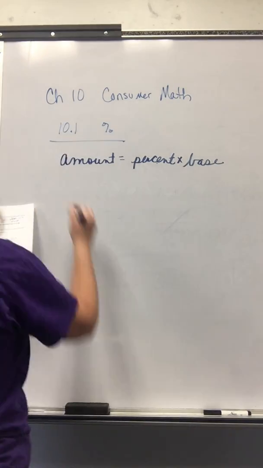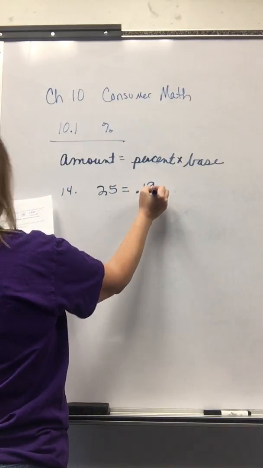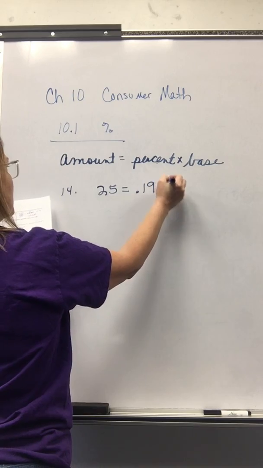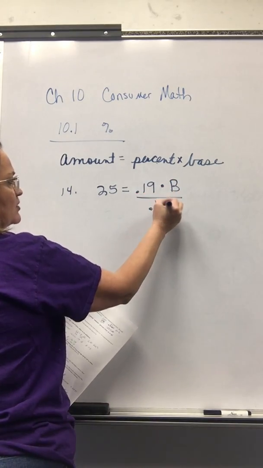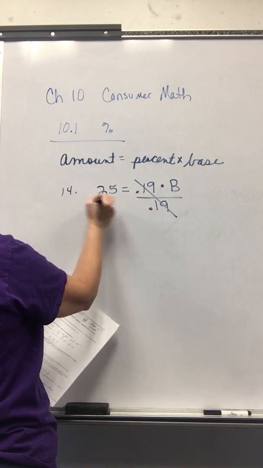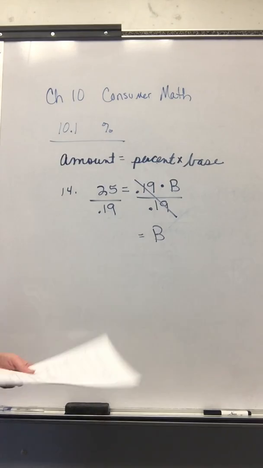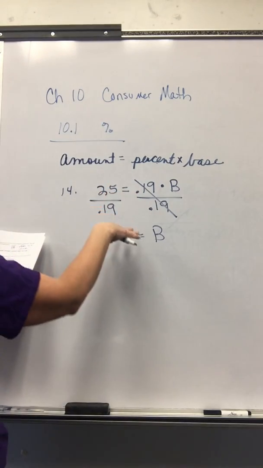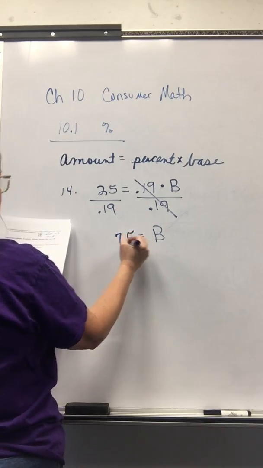Number 14, 25 is equals, 19% is 0.19 of what? So times b, so we divide by what's times to our variable, divide by 0.19, do the same thing to each side. That gives us b equals, do that on your calculator, and that gives me 75. Is that right?